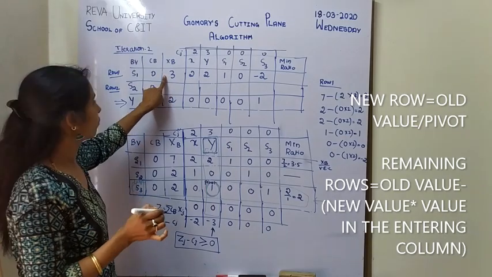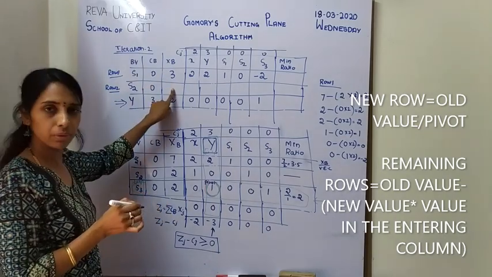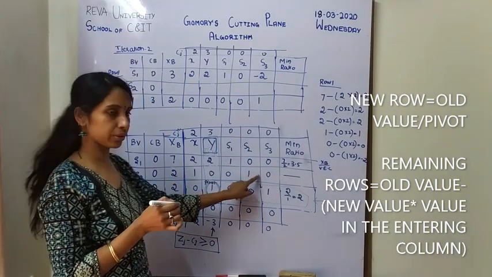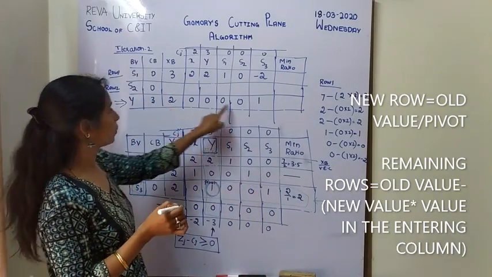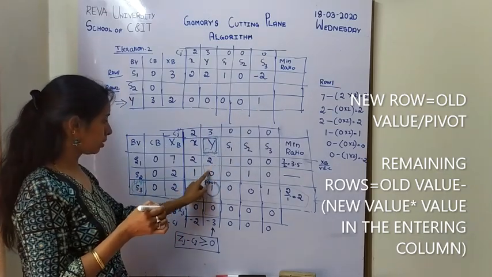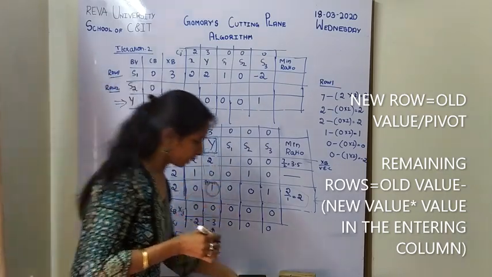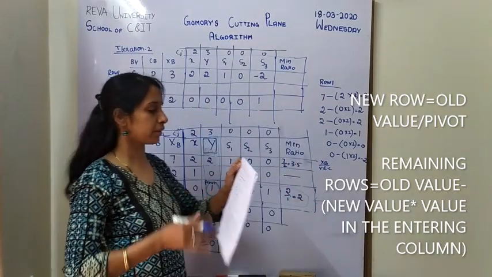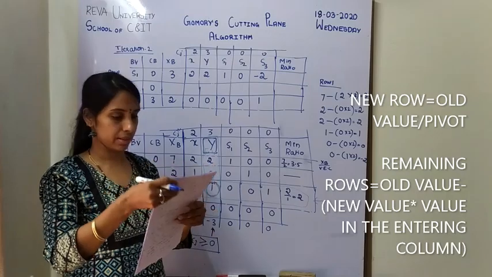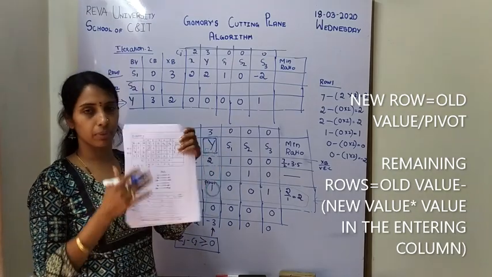Similarly, now you have to find the values for row 2. So, apply the same formula. Old values, these are the old values, minus new value into the value in the entering column, which will be 0 here. So, instead of this calculation, since it is a very big problem, I will directly write the answer and later I will upload this.